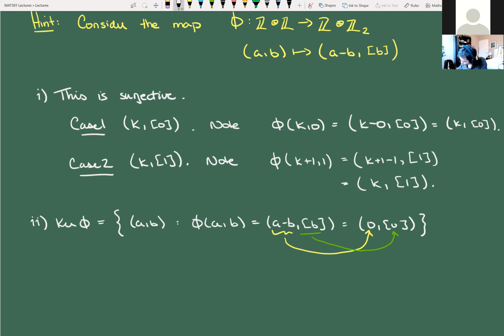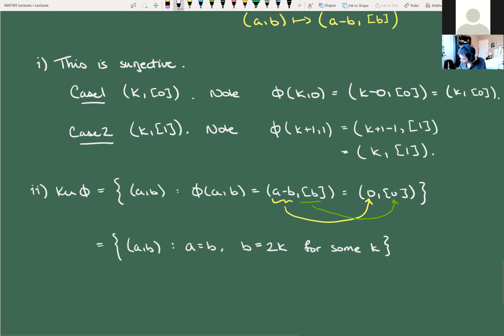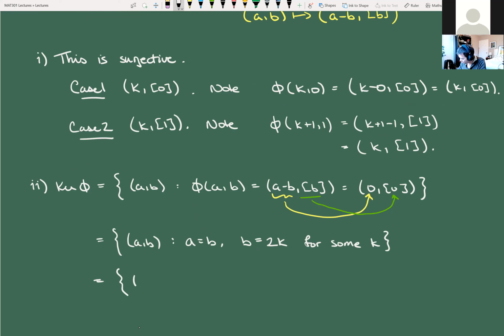So our kernel becomes the following. We get (a, b) where a is equal to b and the equivalence class of b is equal to 0, i.e. b must be even, 2k for some k. If we want to write that more succinctly, since a has to be equal to b and b has to be even, it's (2k, 2k) for all k in Z. And that is exactly the infinite cyclic subgroup generated by (2, 2).